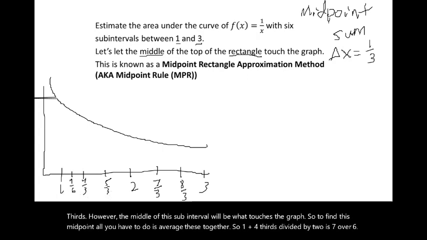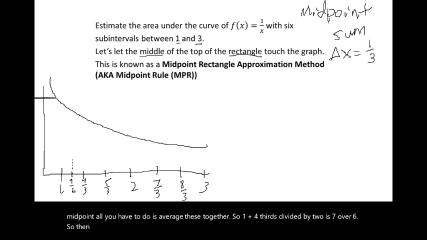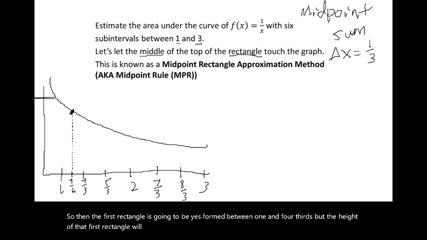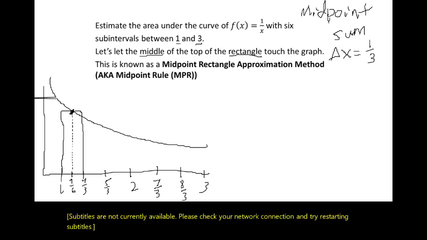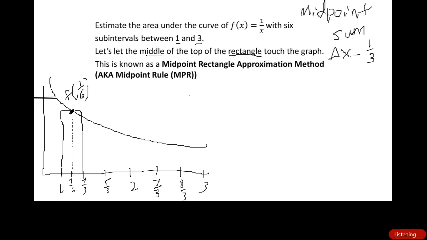So then the first rectangle is going to be, yes, formed between 1 and 4/3, but the height of that first rectangle will be that point right there. And then the rest of the rectangle will go something like this. There we go. And the height of that first rectangle will be f of 7/6. So then for the next rectangle, we're going to do the same thing.